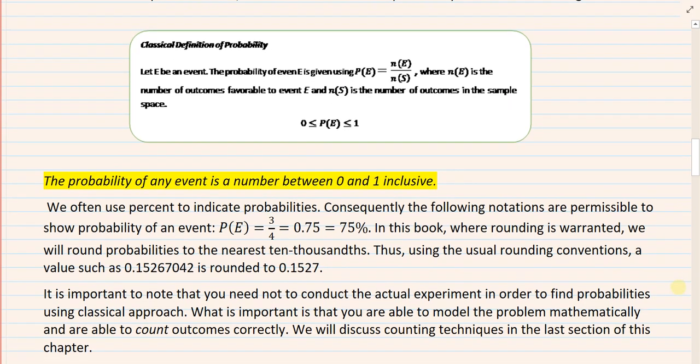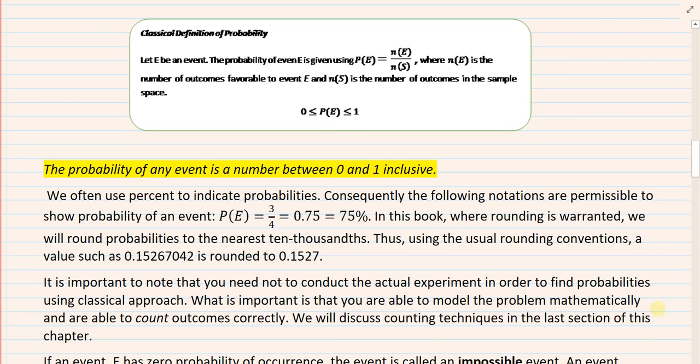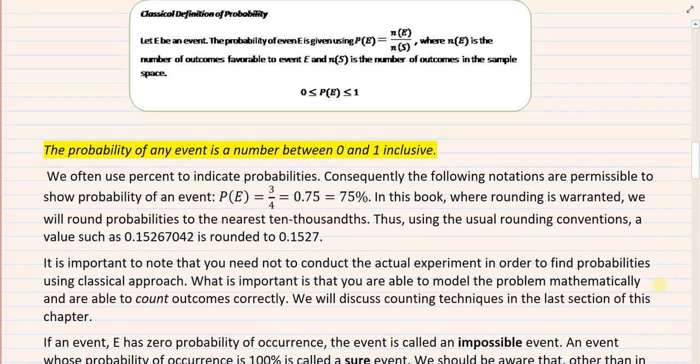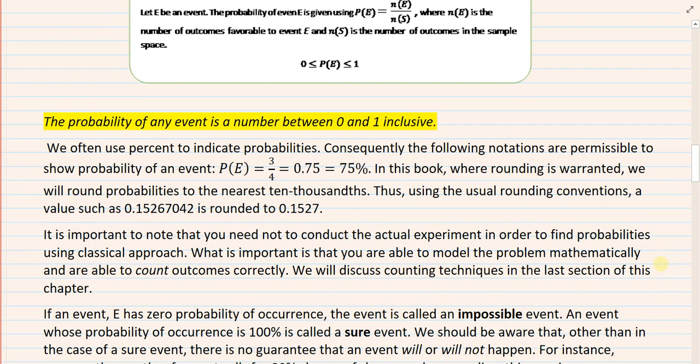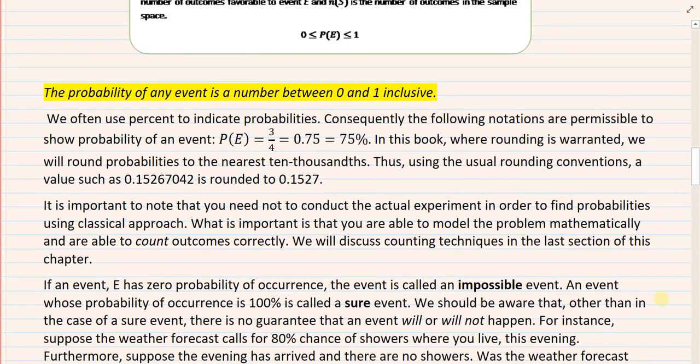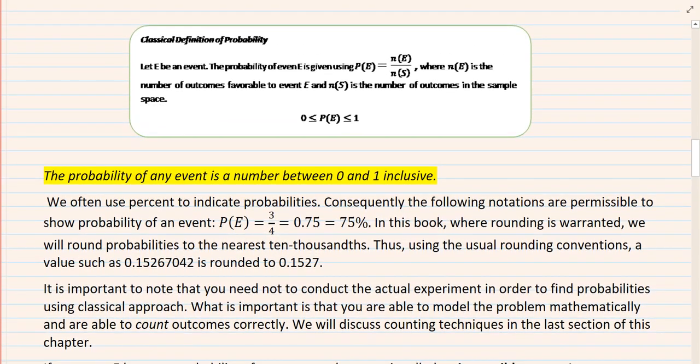Something that's important with the classical definition of probability is that you don't have to conduct the experiment, and the problem is modeled mathematically. In order to model these problems, we should be able to count the numerator and count the denominator, that is, the number of outcomes.